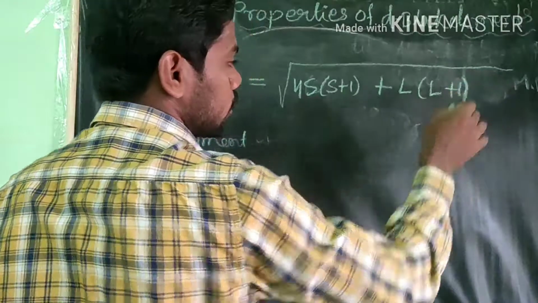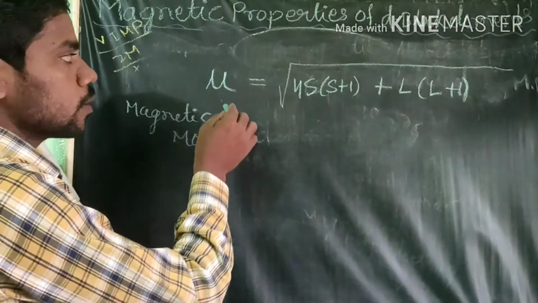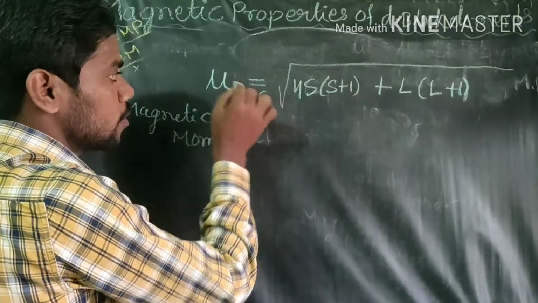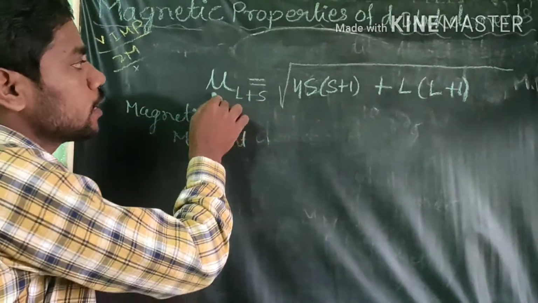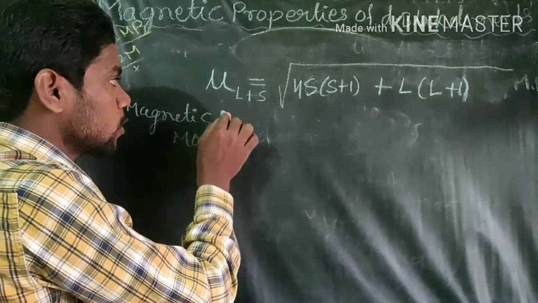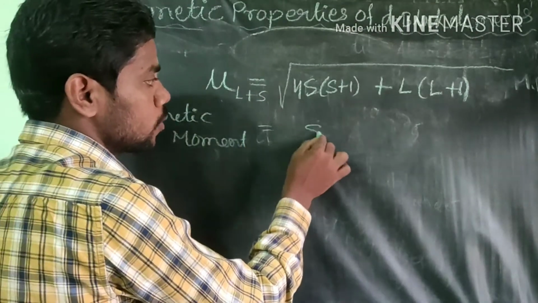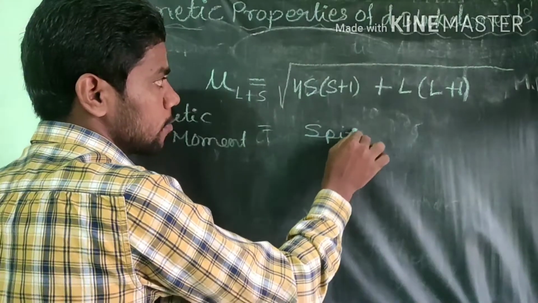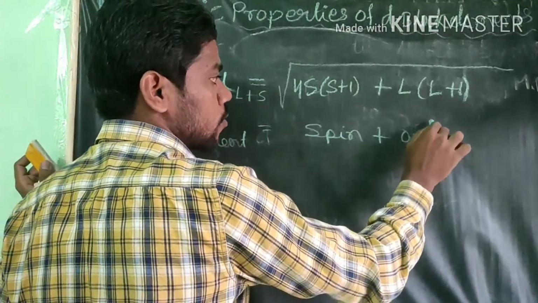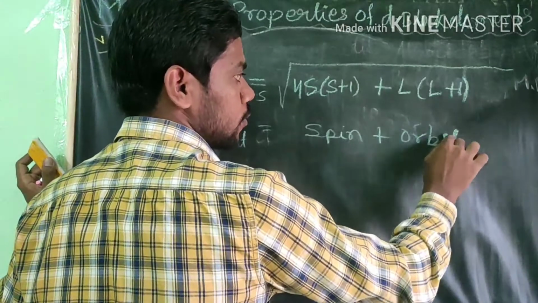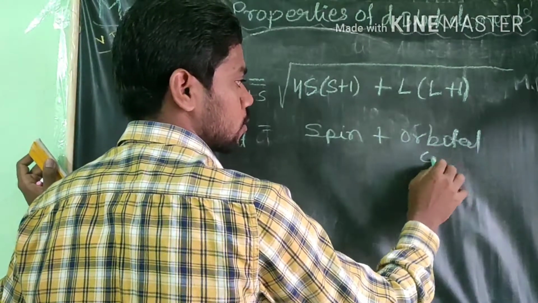You see here, dear students, the total magnetic moment contribution is l plus s. What is this magnetic moment l plus s? The total magnetic moment is due to the spin of the electron plus the orbital contribution.